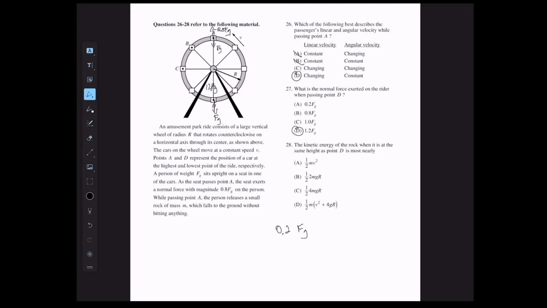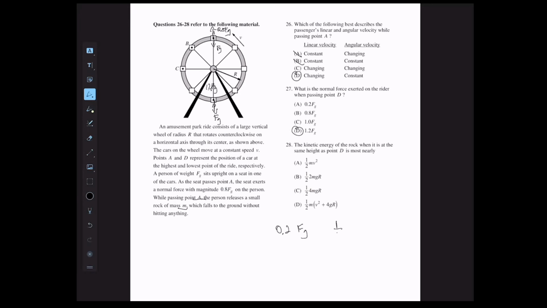And 28, the kinetic energy of the rock when it's at the same height as point D is most nearly. The person releases the rock while passing through point A. So at point A, it has kinetic energy and potential energy.